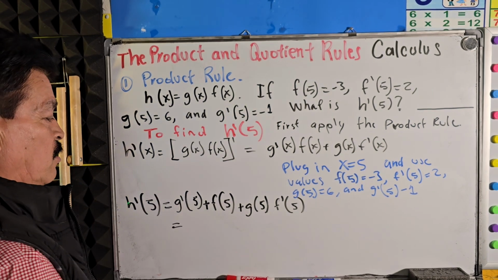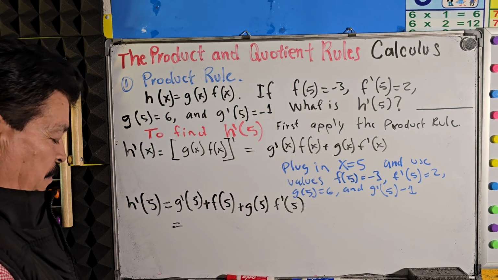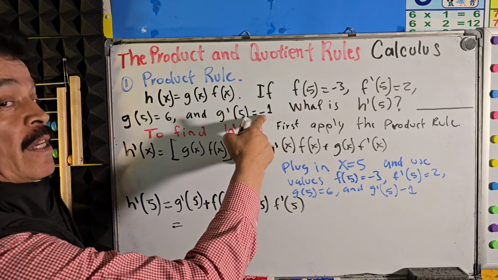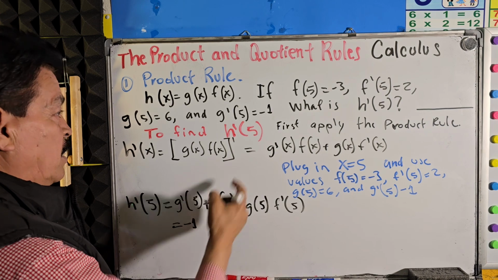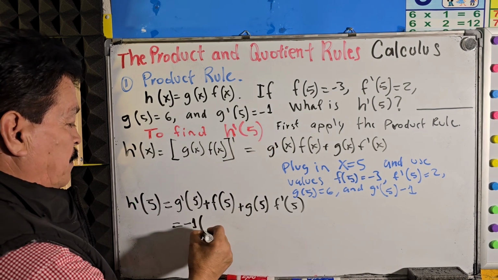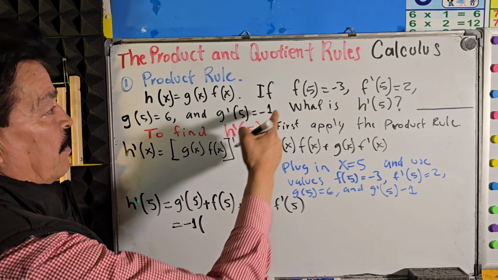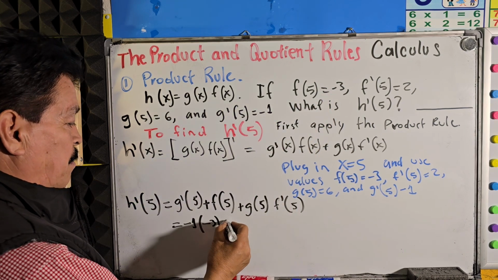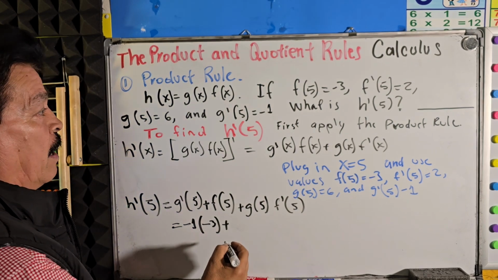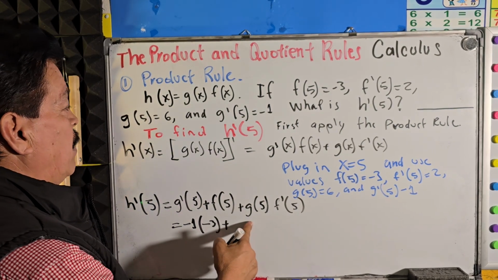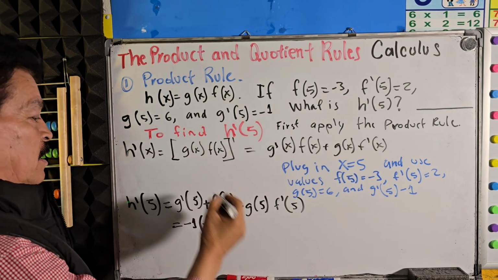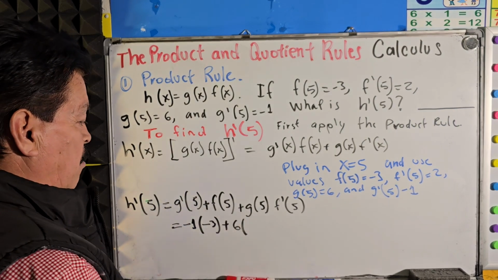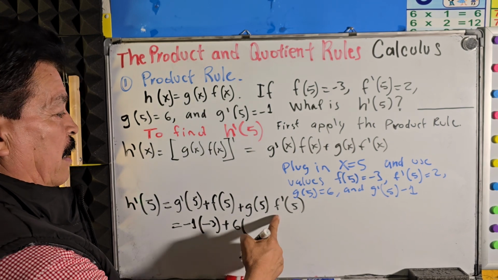Now simplify and substitute. The first one, g prime. How much is g prime? We have right here -1, times f. How much is f? -3. Plus g. How much is g? Right here, it is 6, times f prime.